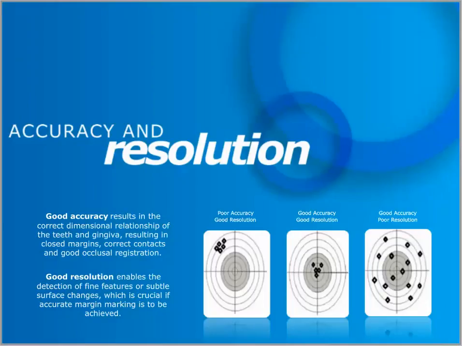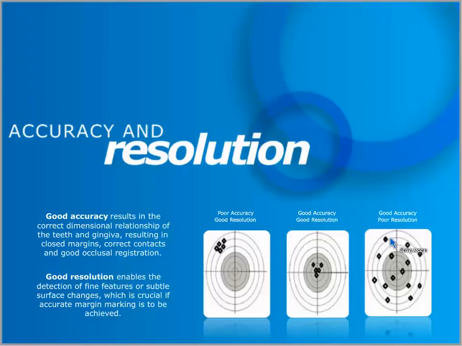Now, there's the issue of accuracy and resolution. If you look closely, you can see three examples. On the left-hand screen, let's look at what would be all the data in a lumped area, but it missed the target. It wasn't precise in the area of accuracy. So that first graphic says that's poor accuracy, but good, you can see the clumped data, resolution.